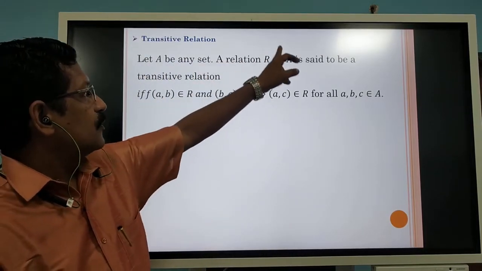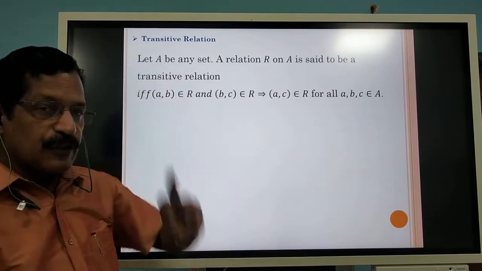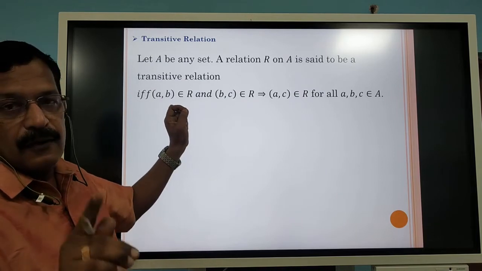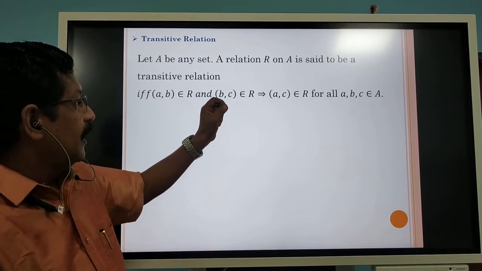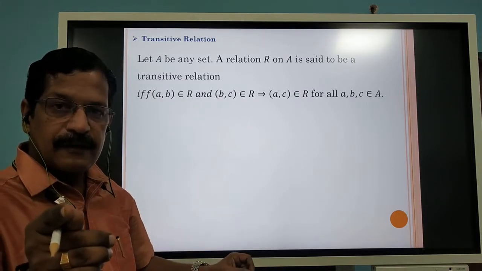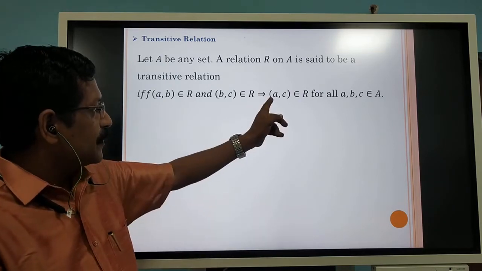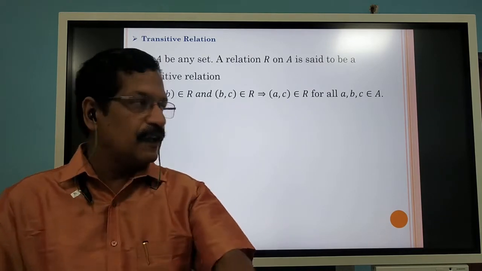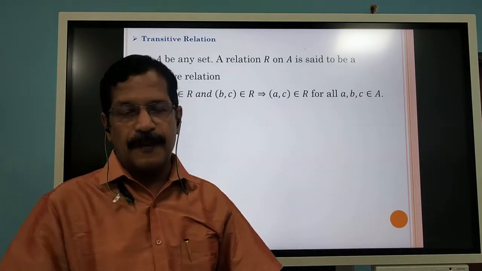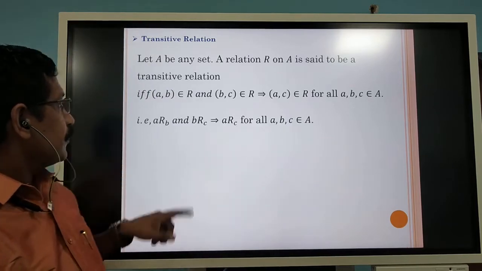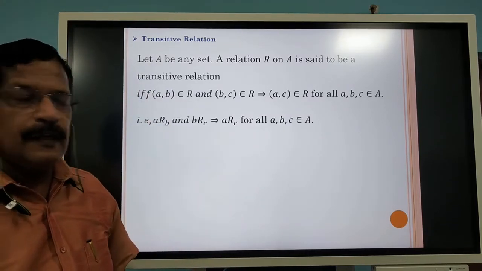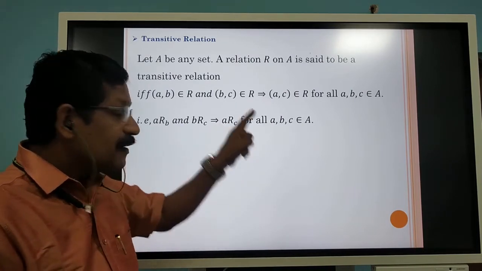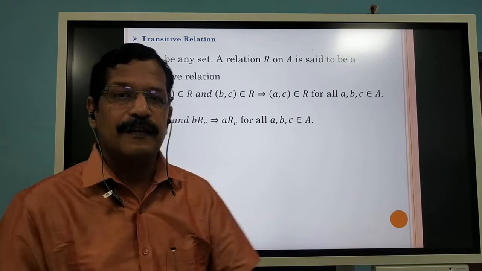A relation R on A is said to be a transitive relation if and only if (a, b) element of R and (b, c) element of R implies (a, c) element of R for all a, b, c elements of the set A. That is, a is related to b and b is related to c implies a is related to c.